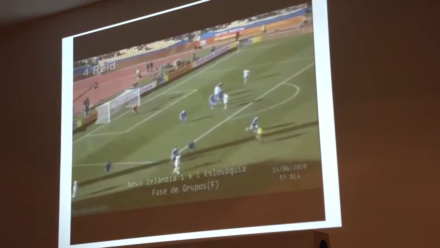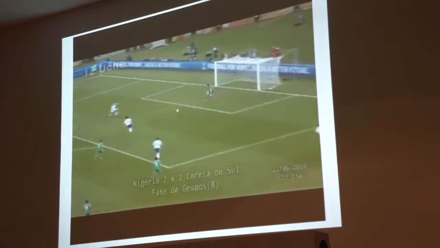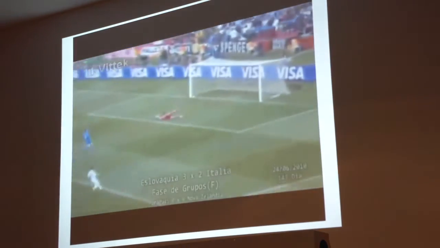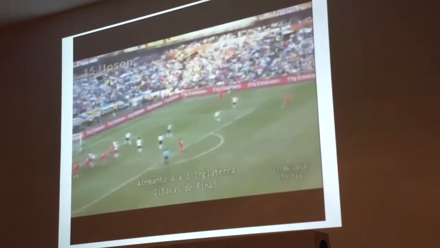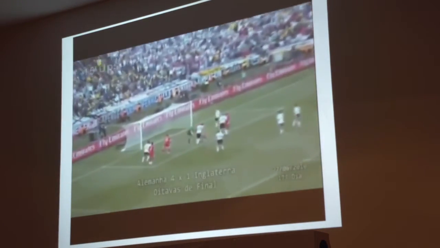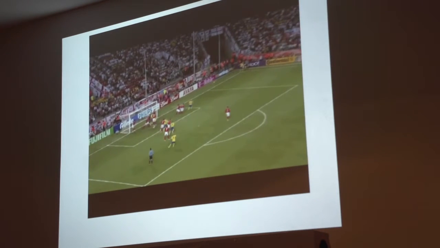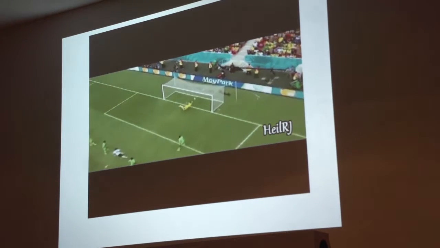It's a cross that comes from the left or right side, and there is somebody that goes in the middle of the area and shoots or makes a header, and they try to make the goal. In this case, they very well succeeded. Next, please. Now the goalkeeper had a bad chance.